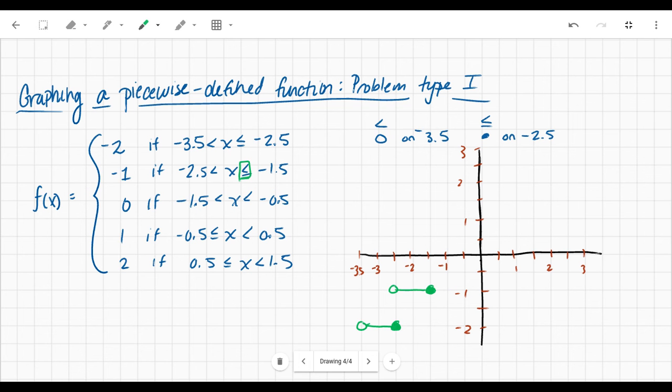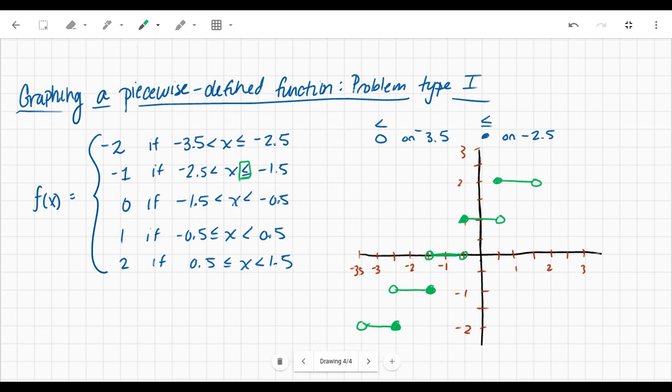Between -1.5 and -1/2, we want to have it at 0, and we'll do the filled circle on neither of those because we don't have any less than or equal to, just less than. Then 1 from -1/2 to +1/2, and we're going to fill that circle. And then from 1/2 to 1.5, we're at 2, and we're going to fill that circle.